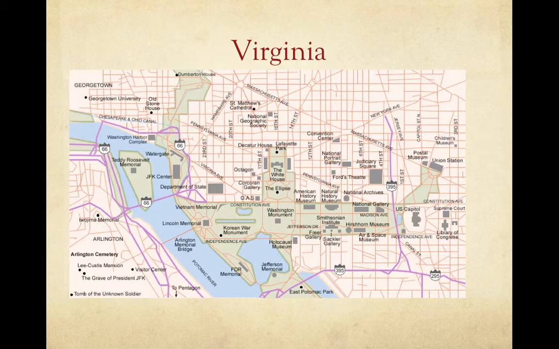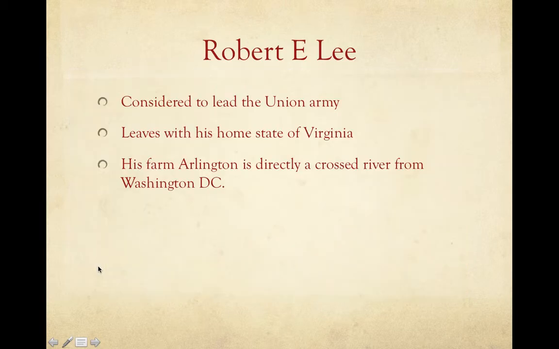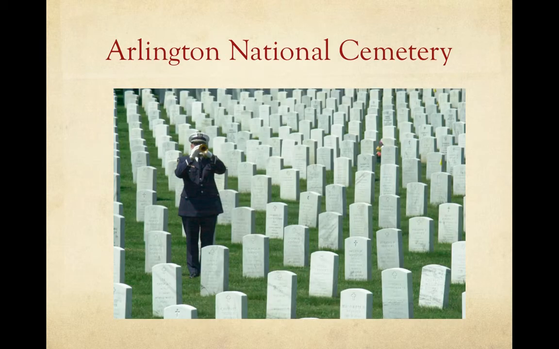And since he is going to be fighting against the North, they make this very nasty choice: they take Lee's property and his farm, his plantation, and turn it into this military cemetery. So Lee, who was in consideration to lead the Union Army, left with Virginia, and his farm, Arlington, becomes a national cemetery. And the idea was that Lee could never return to his home again without seeing all these Union soldiers that he was responsible for basically killing in battle.